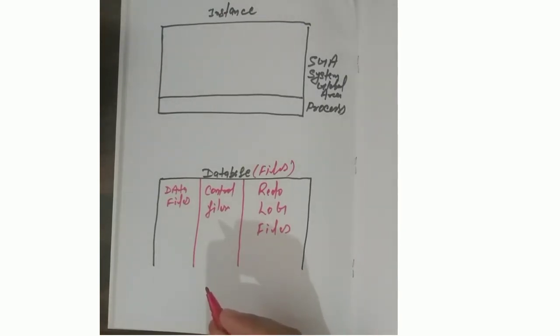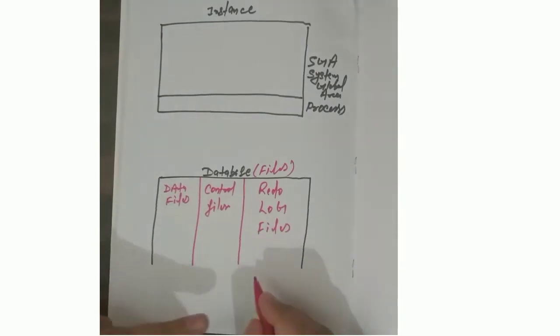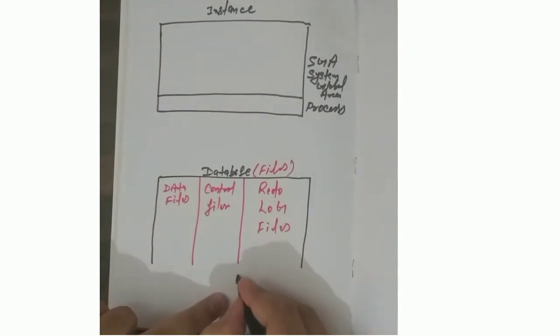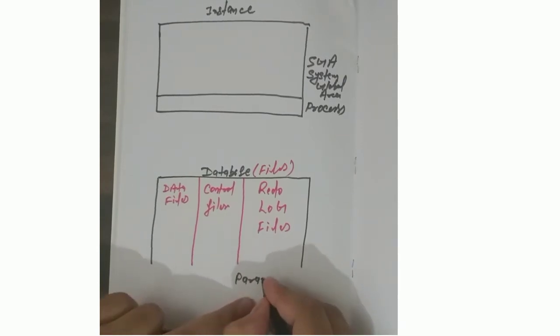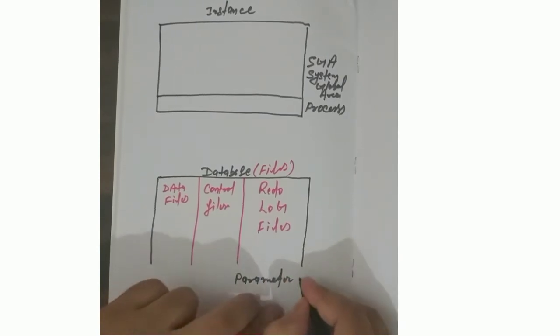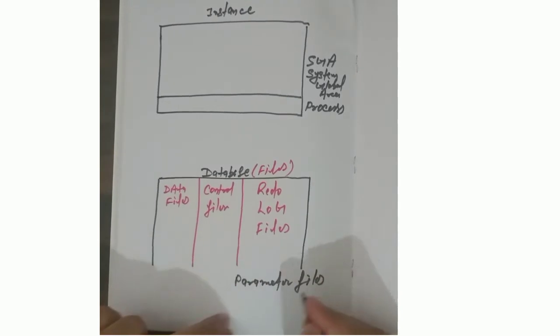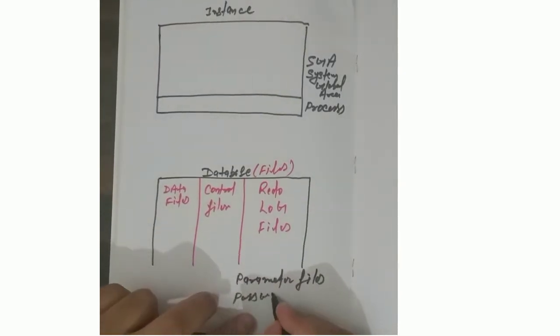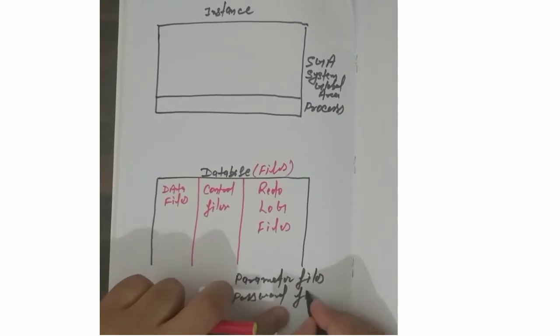Apart from this, we have the parameter file. Let me take another pen. The parameter file is basically used for starting the instance, and the second one is the password file.